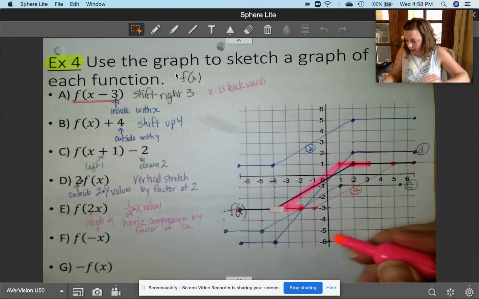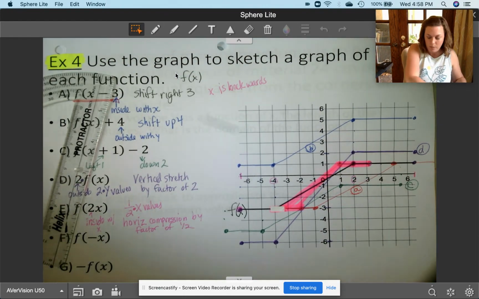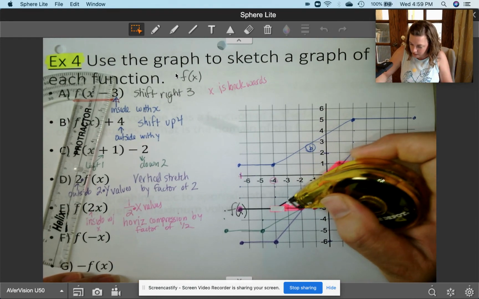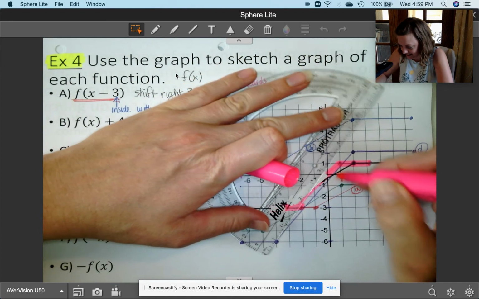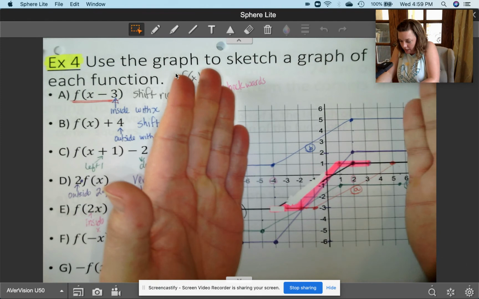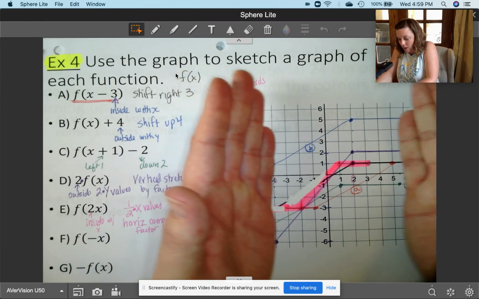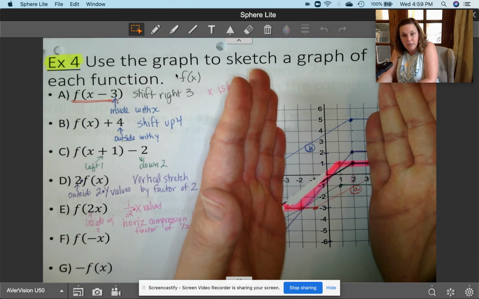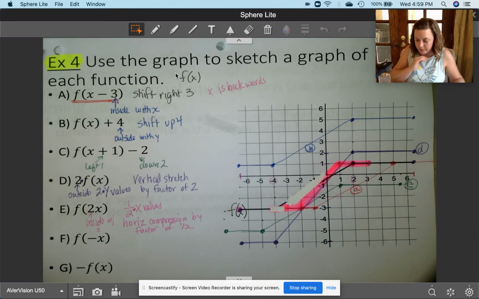That was that pink dot I was supposed to get. There we go. All right. Well, that's not great, but that's why I love my pens. They actually erase. All right, we all make mistakes, ladies and gentlemen. Okay, so now we went from negative 6.5 to positive 6.5, and now we're half as big. So we're going from negative 3.25 to positive 3.25. Okay, so it shrinks by a 1/2 factor.